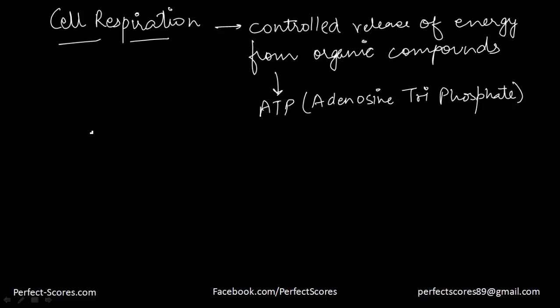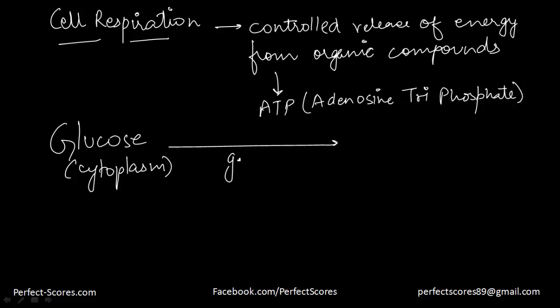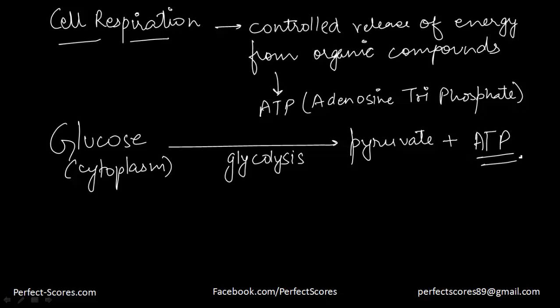Now in cell respiration, glucose in the cytoplasm is broken down by a method known as glycolysis into pyruvate and with production of ATP, which is the energy released.